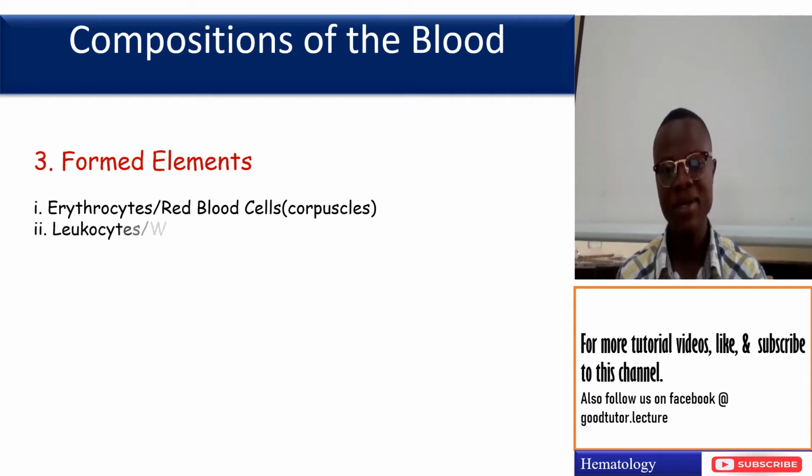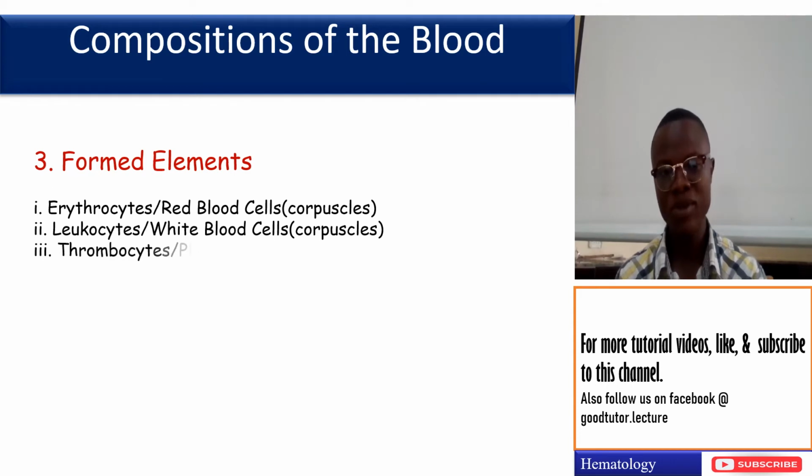We also have the leukocytes, known as white blood cells or white blood corpuscles, and we have the thrombocytes or the platelets. These are the formed elements that are found within the blood, and we are going to look at each of these formed elements.